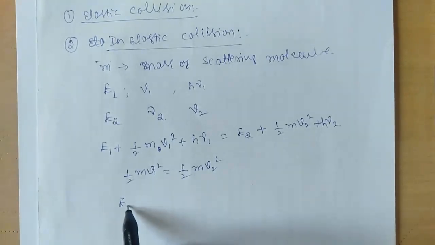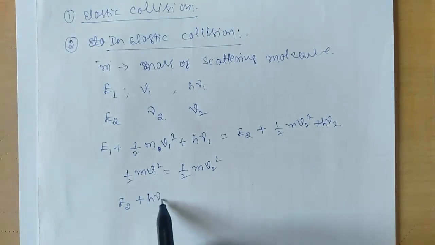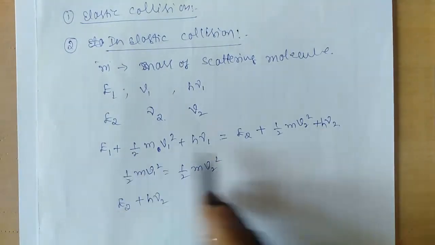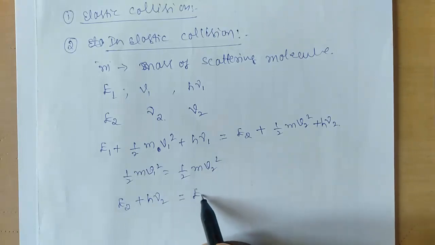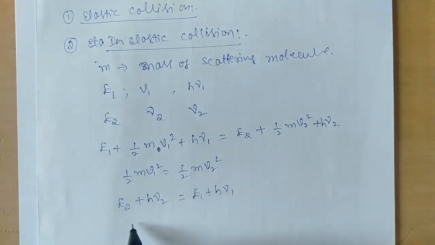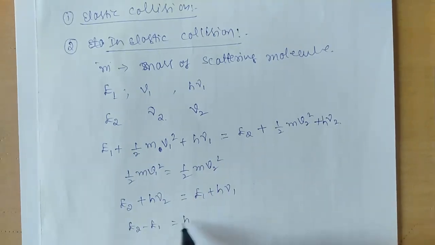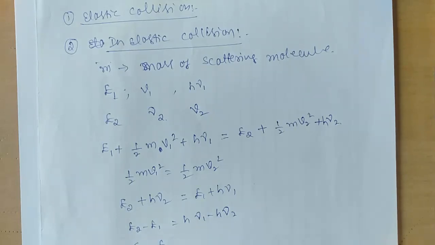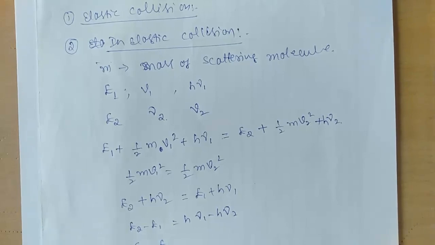So we can rearrange it as E2 plus h nu2, taking this on the left hand side and this on the right hand side, is equal to E1 plus h nu1. Or we can write E2 minus E1 is equal to h nu1 minus h nu2. Therefore E2 minus E1 divided by h can be written as nu1 minus nu2, as h is common and goes to the denominator.